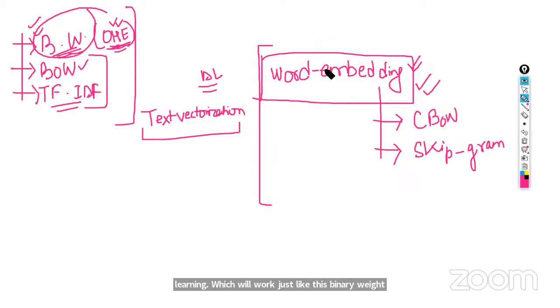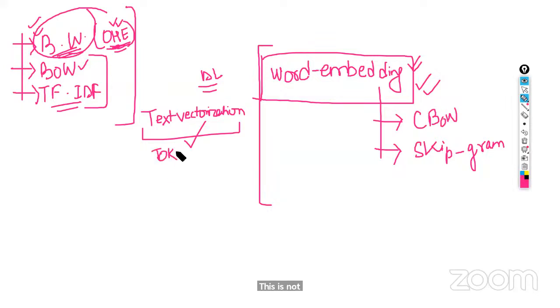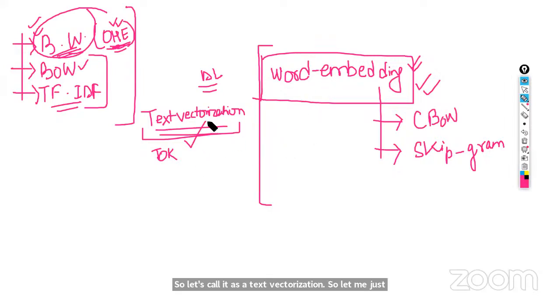So let me give you an overview of text vectorization, which is also called tokenization. This is not the tokenization you studied in the pre-processing part, right? So let's call it text vectorization. Let me explain these two terms, and some basic understanding of text vectorization and word embedding.